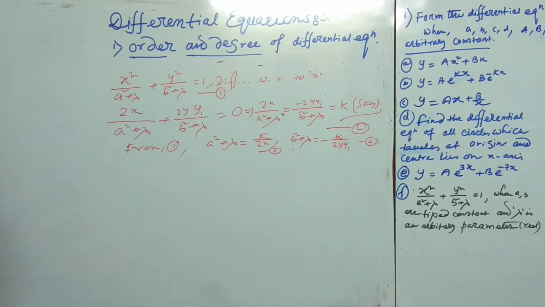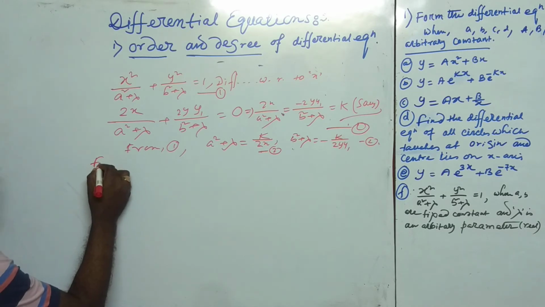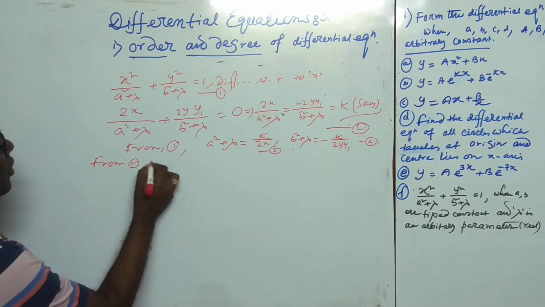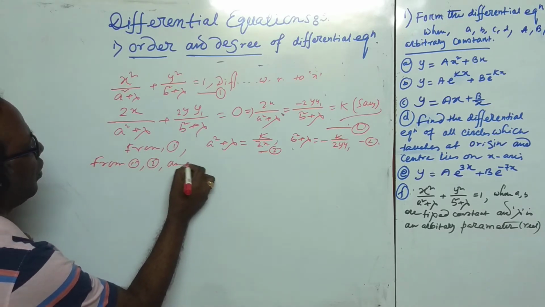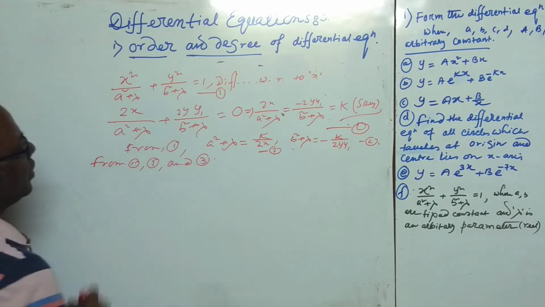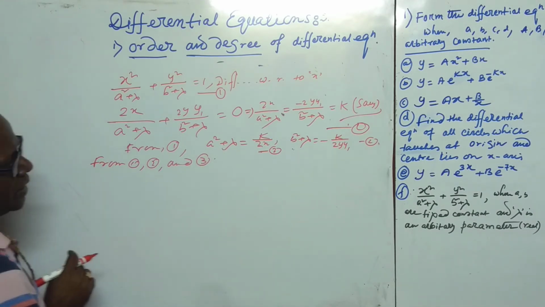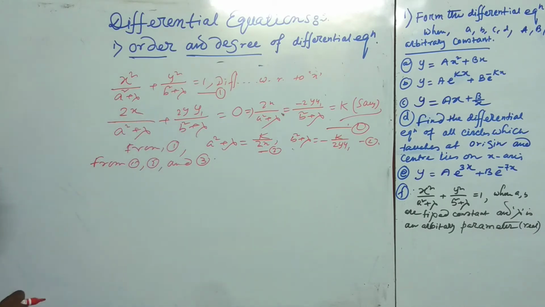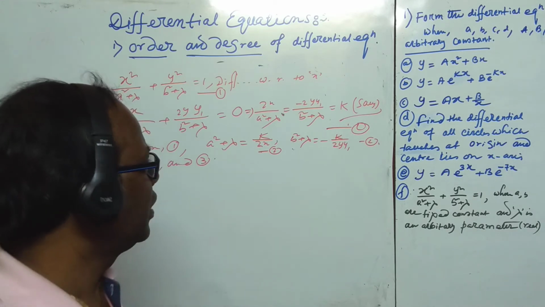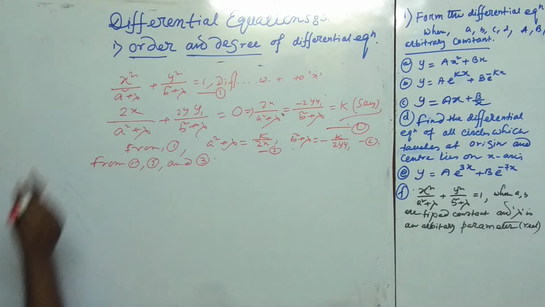So from 1, 2 and 3, put a square plus lambda, that is k by twice x, into equation number 1, and also b square plus lambda, that is equal to minus k by twice y1, into 1.